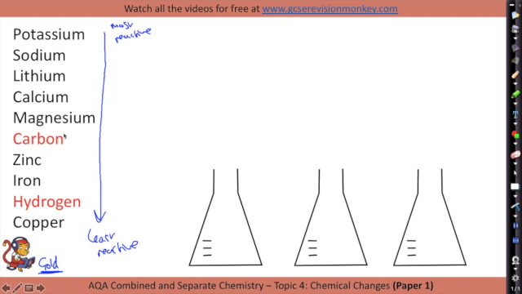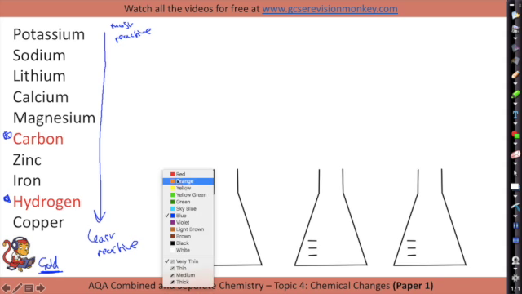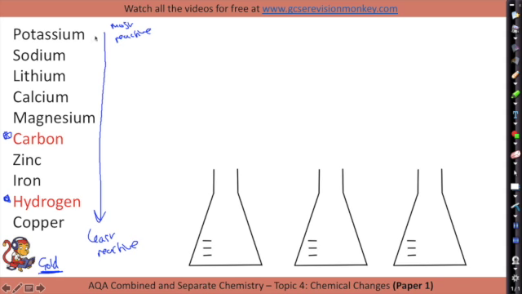Within that list as well, you'll also have two non-metals. You'll have carbon and hydrogen that you need to be aware of. Again, important for metal extraction a little bit later on. You may well be asked to have a look at some examples of experiments and work out the order of reactivity. For example, if we had some potassium in this conical flask over here, this would react with water quite vigorously.